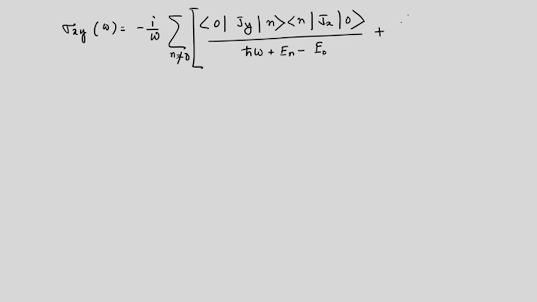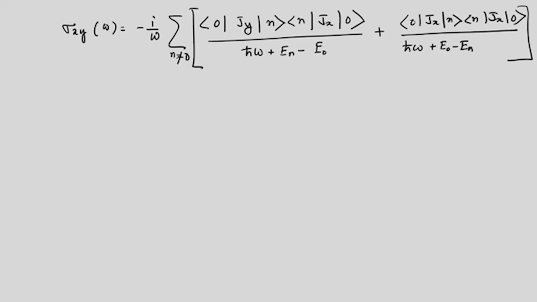The term is ⟨0|j_x|n⟩⟨n|j_y|0⟩ divided by ħω plus E_0 minus E_n. Okay. So, you get this energy denominator.